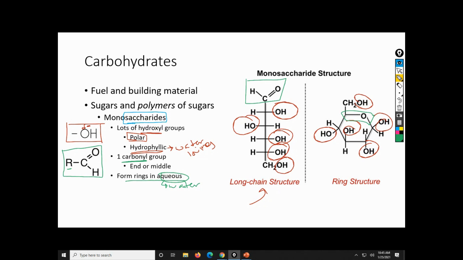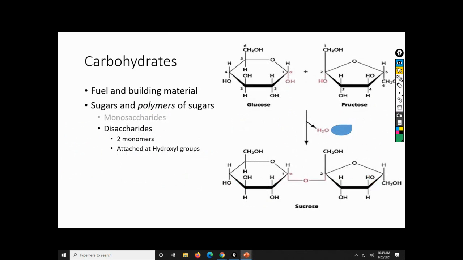Okay, any questions? Okay, so remember then, we're going to be practicing our terms. So here's that saccharide ending. Saccharide still meaning sugar. So monosaccharide is a single sugar.